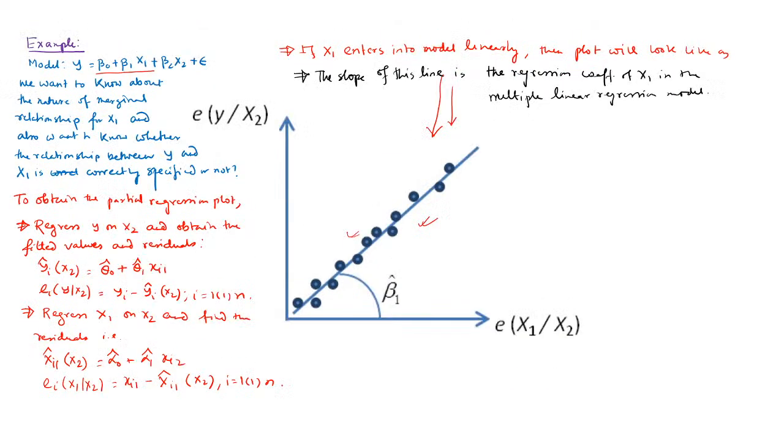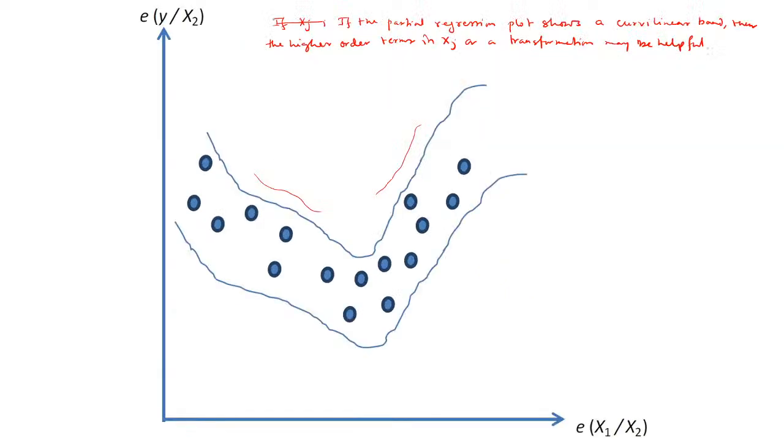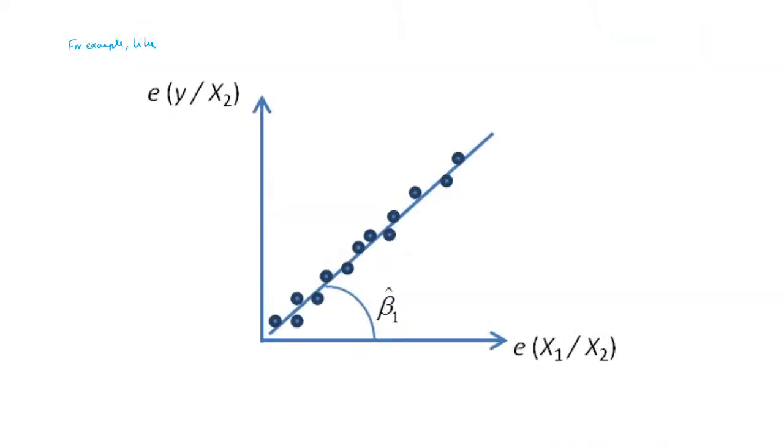So actually in this class we discussed partial regression and the partial residuals plot, and we discussed three types of curve. If this type happens, we are fine with the present position of the explanatory variable.